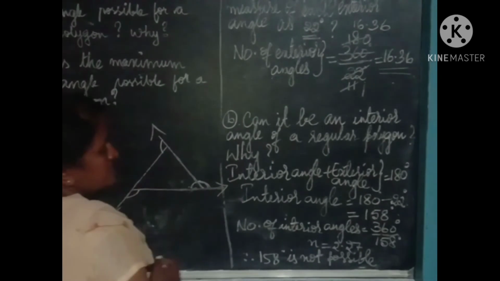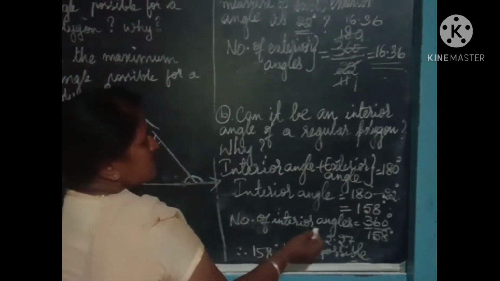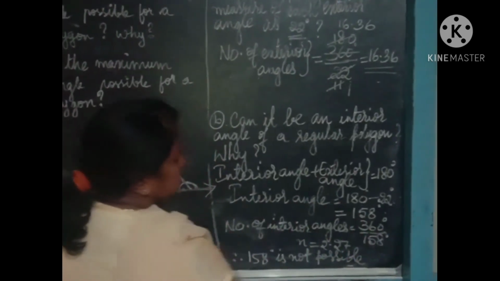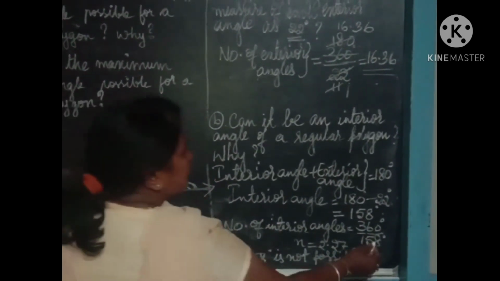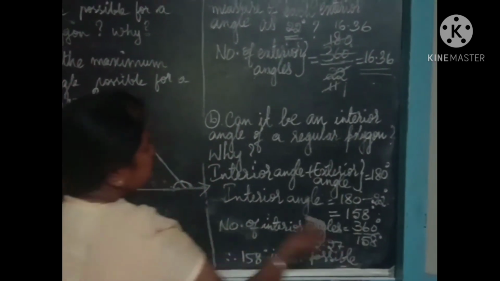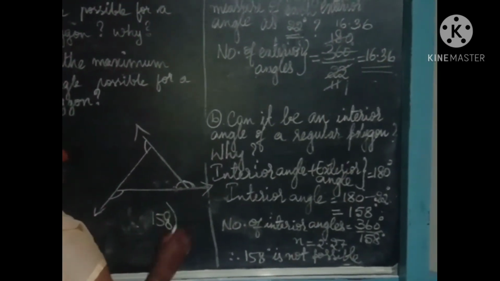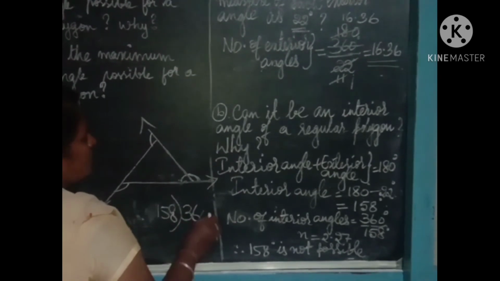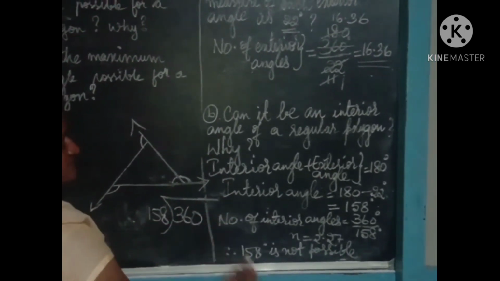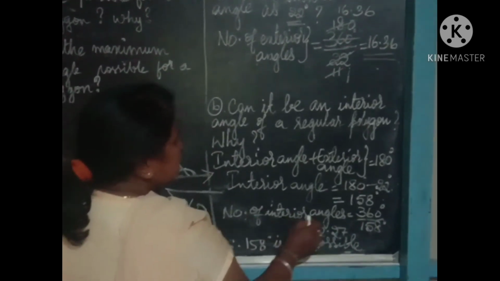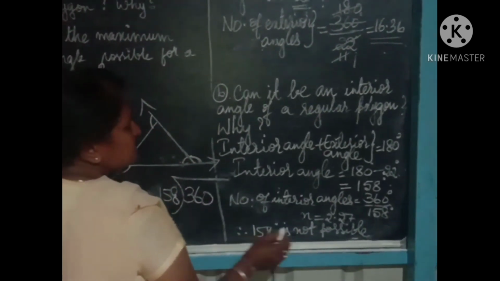So 180 minus 22 degrees is equal to 158. Now, the number of sides is equal to 360 divided by 158. If we simplify this, please all of you divide 360 by 158, children. You will get exactly 2.27, which is n. The number of interior angles is nothing but n.